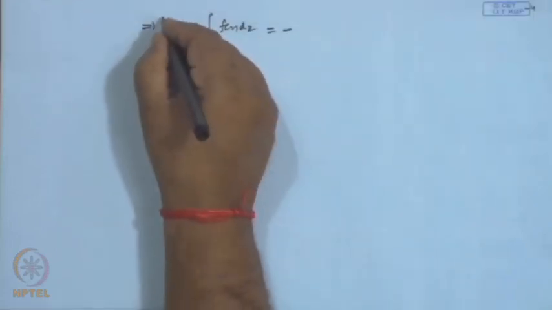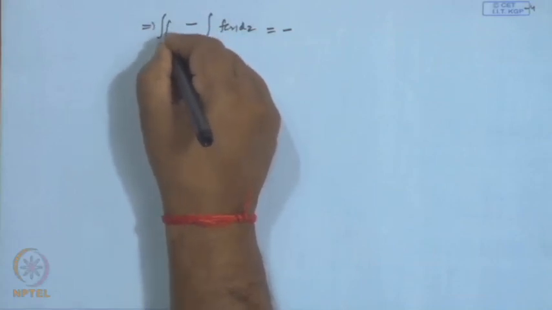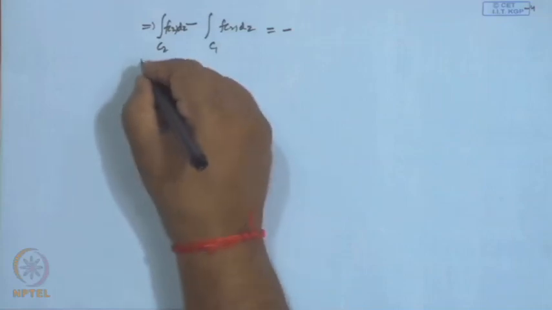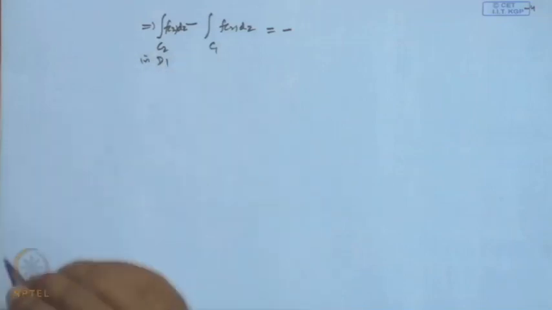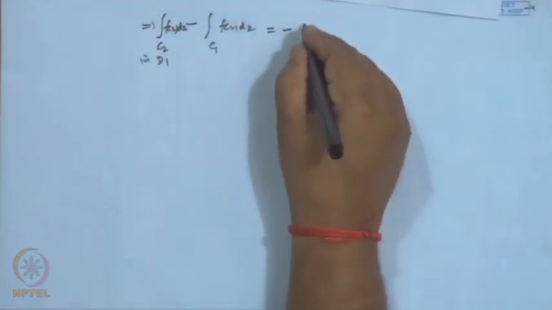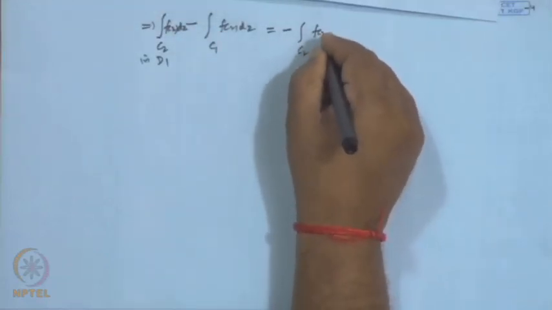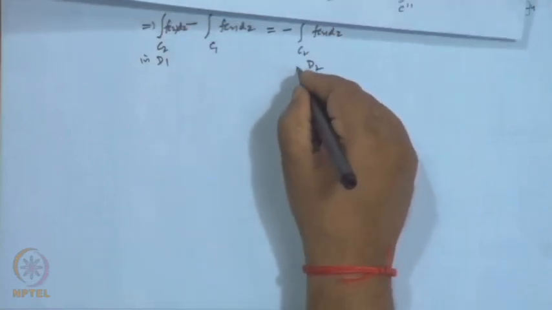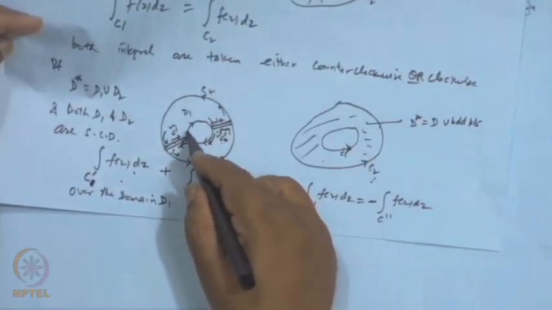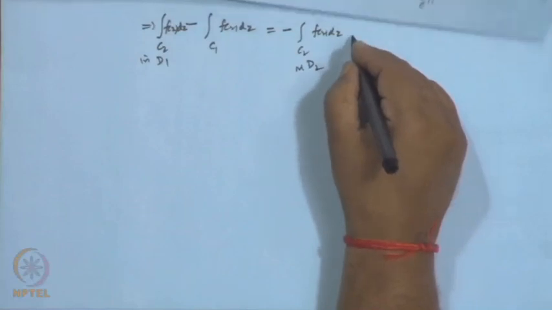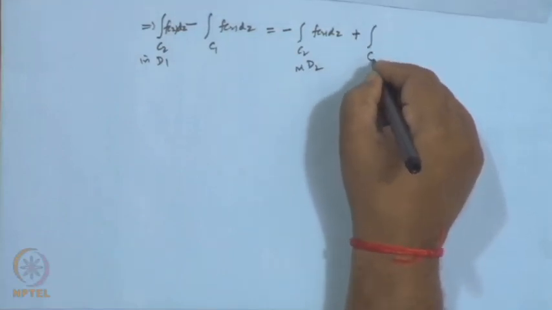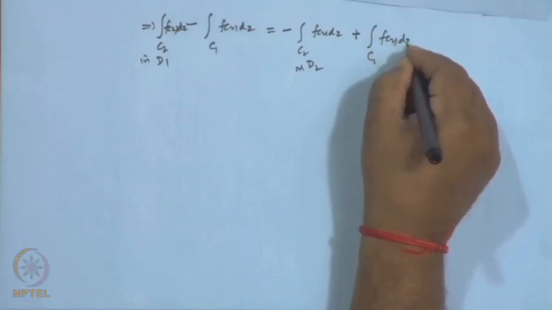So, here C 2 will also come, the integral of f z dz along the part of C 2 in D1, and this will come along C 2 in D2, plus this portion which is the opposite of this. Opposite of this means plus the integral along C 1 of f z dz.